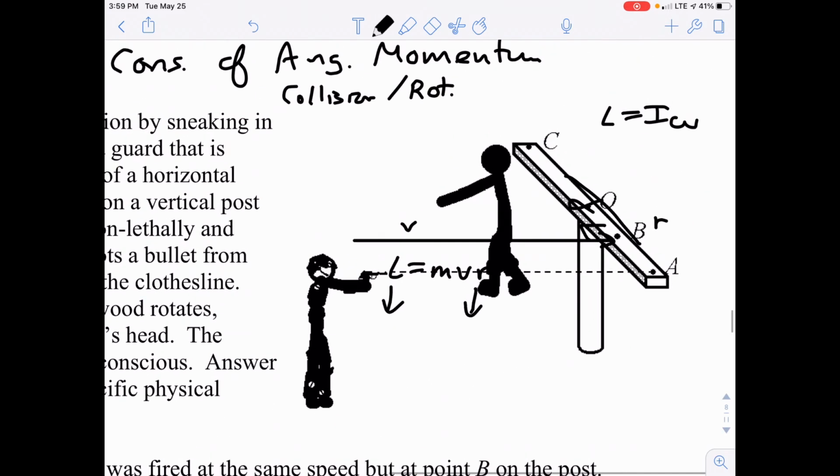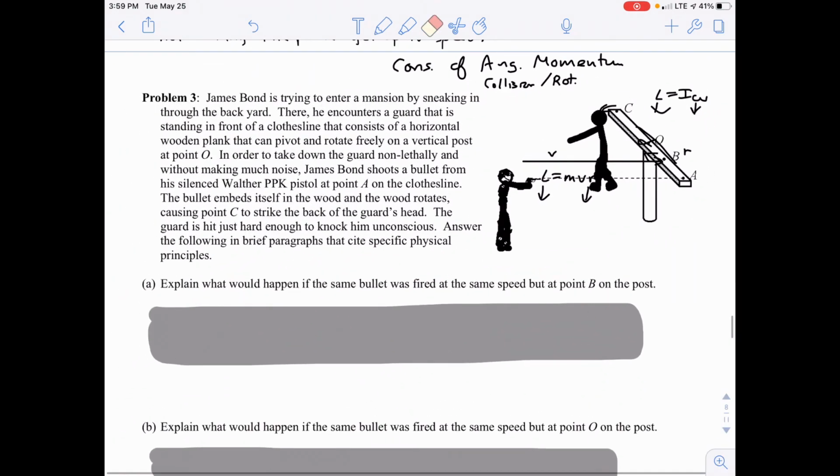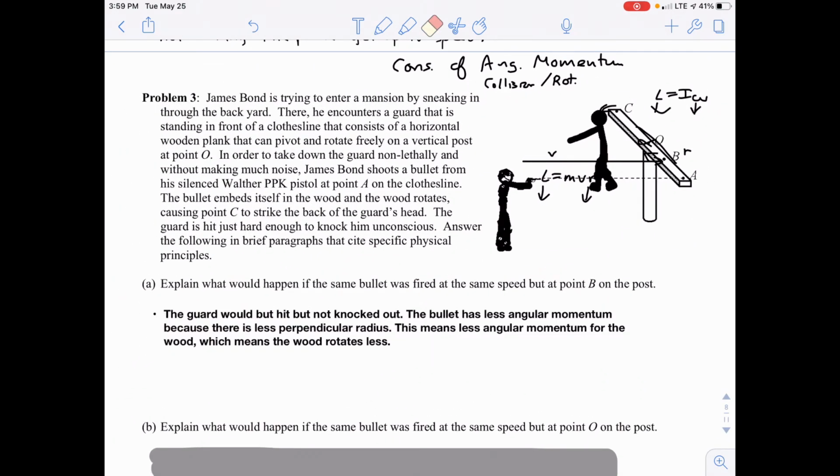And if the angular momentum is smaller, the rotation of the beam is slower. The guard would be hit but would not be knocked out. The bullet has less angular momentum because there is less of a perpendicular radius. This means the angular momentum from the wood would also be less, which means the wood rotates less, smaller omega.